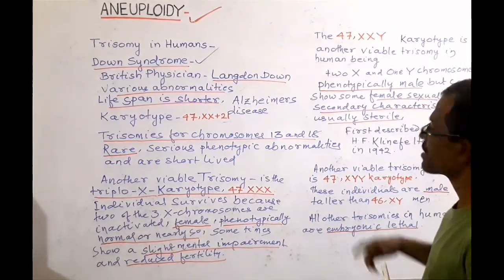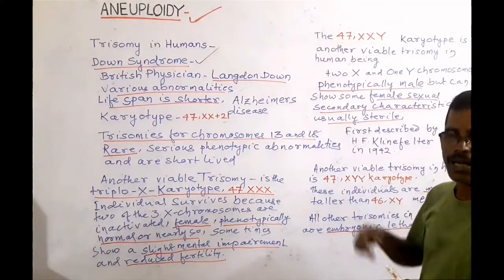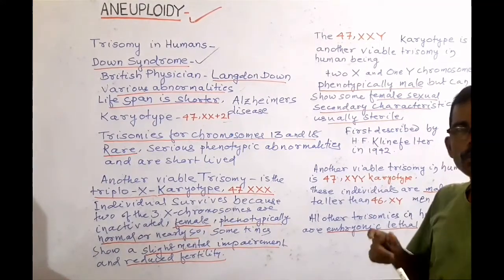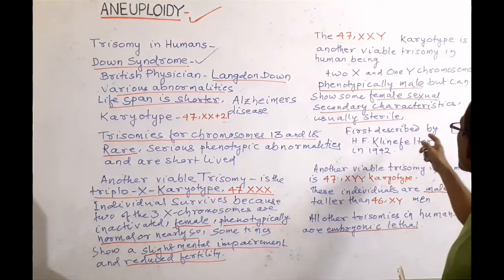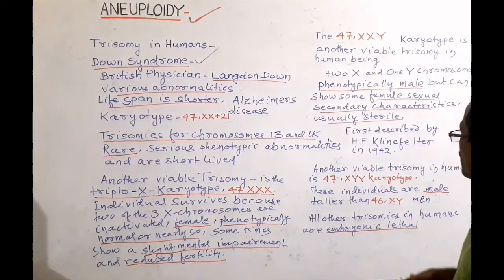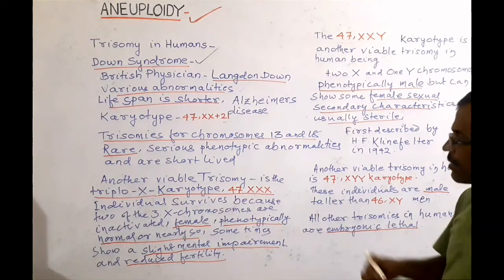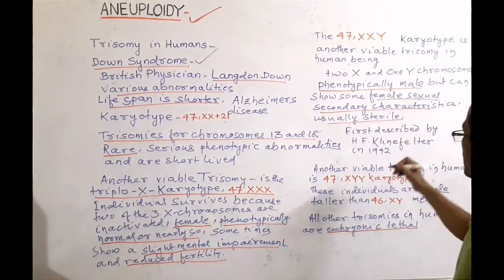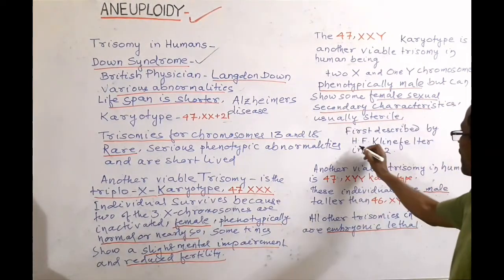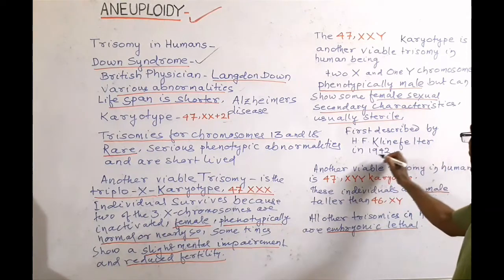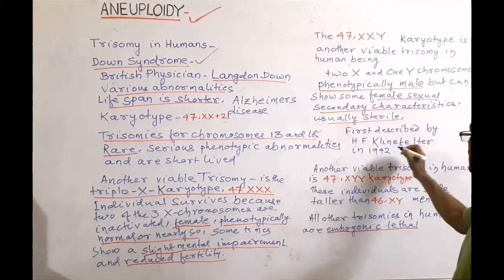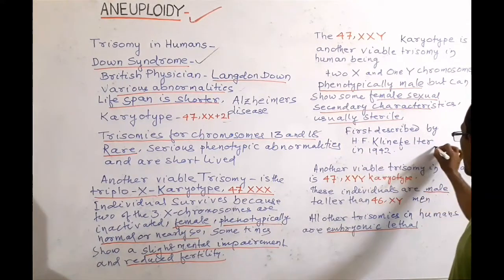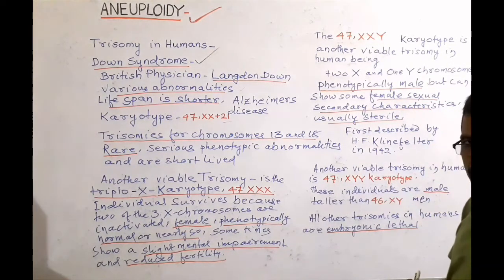These individuals are phenotypically male, but they also show some secondary sexual female characteristics. They are usually sterile. This abnormal condition was first described by H.F. Klinefelter in 1942, so this condition is also known as Klinefelter syndrome.